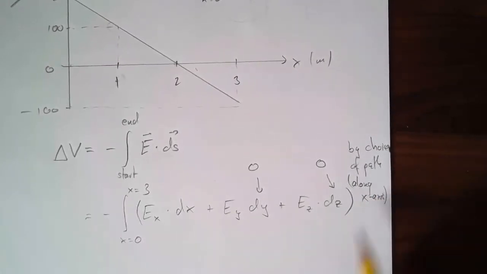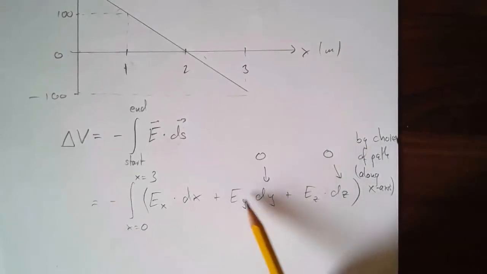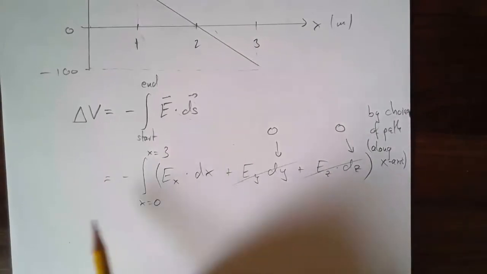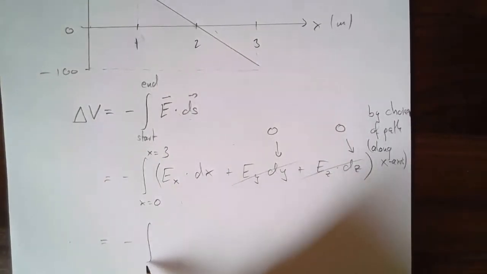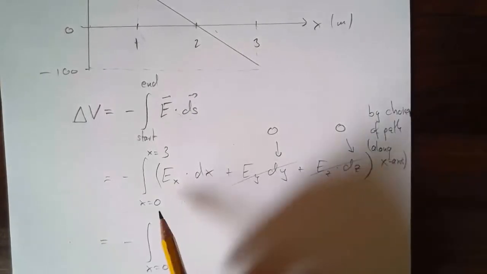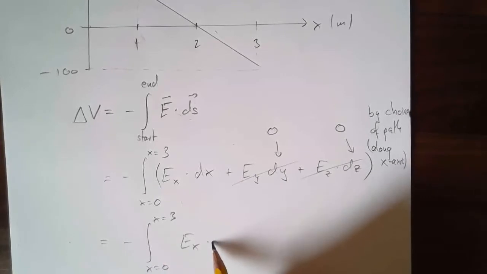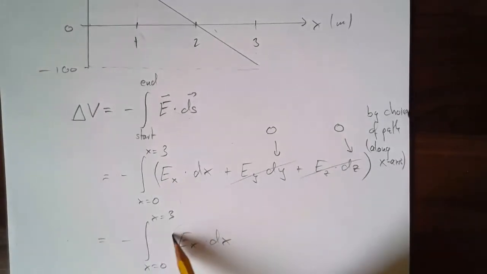Sorry, along the x-axis this is. By choice of path along the x-axis. Right, so we can forget about these parts here. So you just have to evaluate the integral from x equals 0 to x equals 3 in this way. So now all you have to do is figure out what this is.